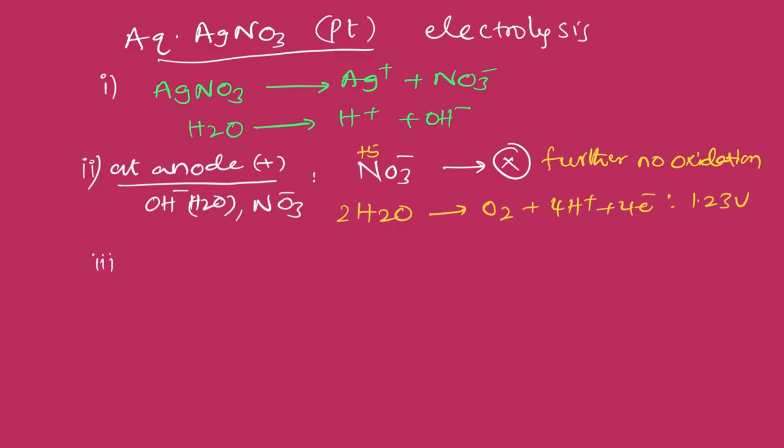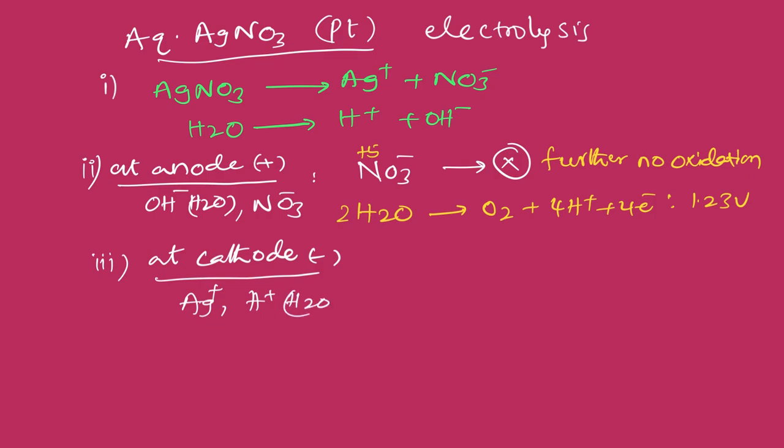third step, at the cathode. At the cathode, which ion will be reduced? One is Ag plus, another one is H plus. H plus actually comes from the water.